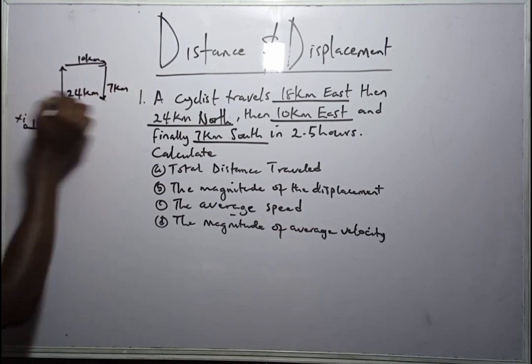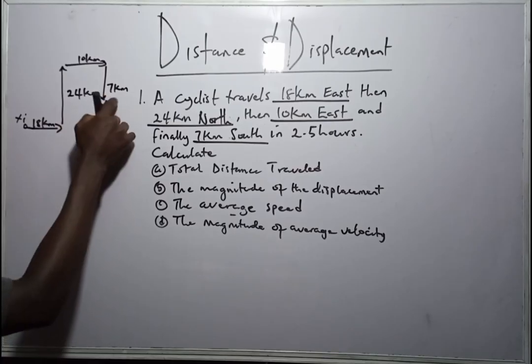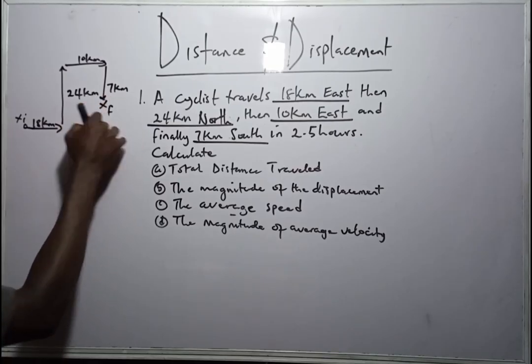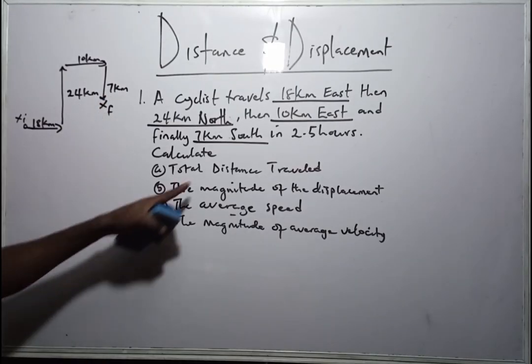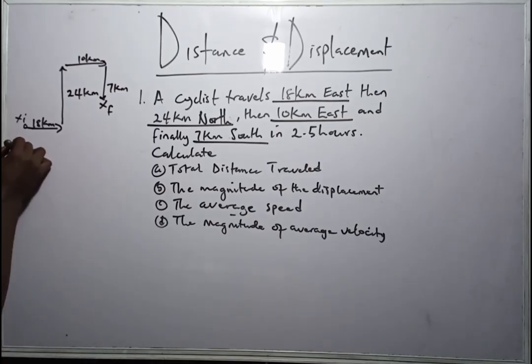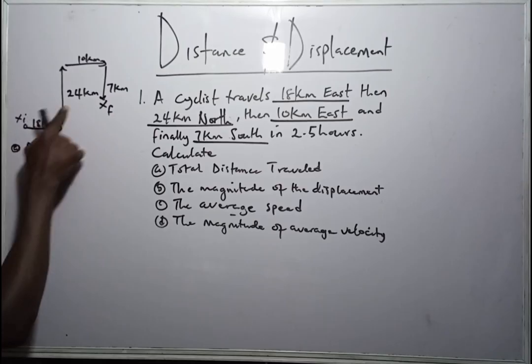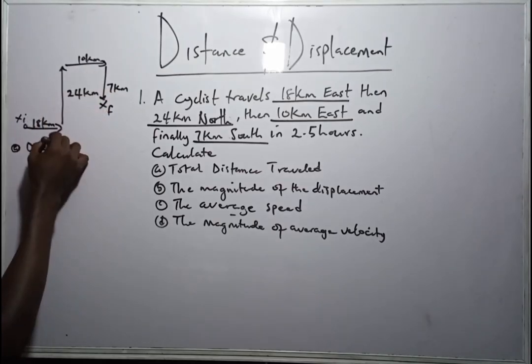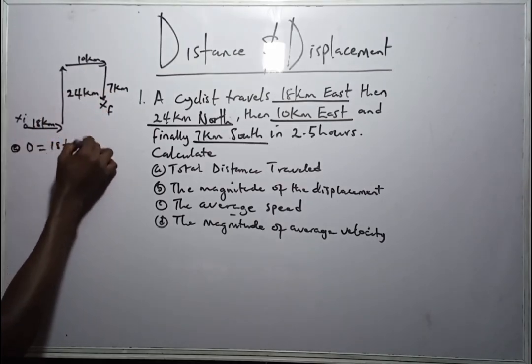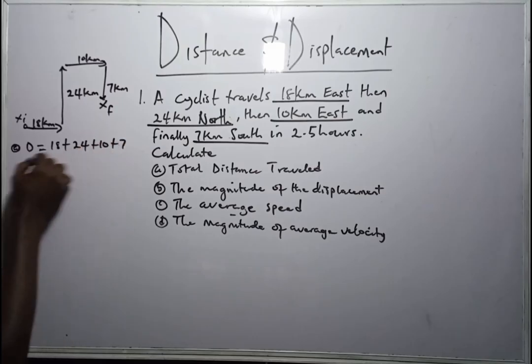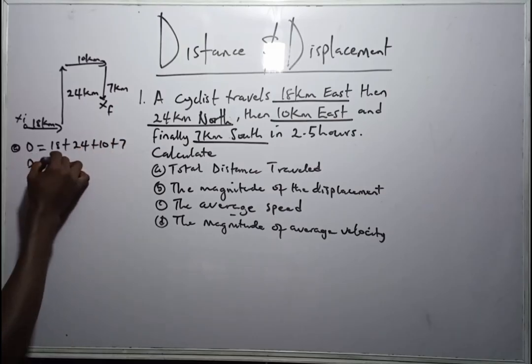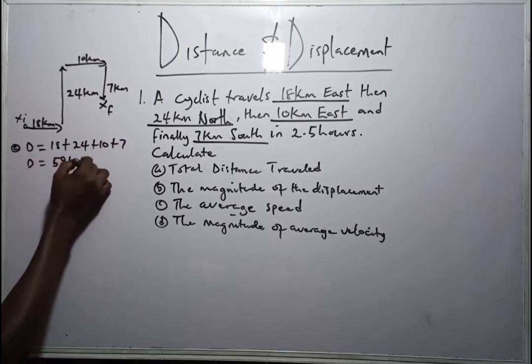Here is our starting position. Here is our final position. So A asks us to calculate the total distance. Total distance is going to be 18 plus 24 plus 10 plus 7. Total distance is going to give us 59 kilometers.